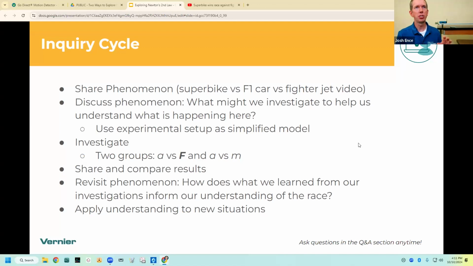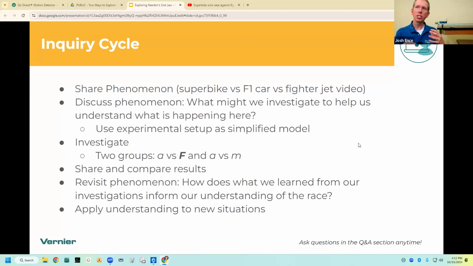Then I typically would divide your students into two groups. If you have enough time, you could have both, but typically one group will measure acceleration versus net force, and the other group will measure acceleration versus total mass. Then you come back together, they share their results, they talk through these things, and you can build Newton's second law from the results of those two investigations.